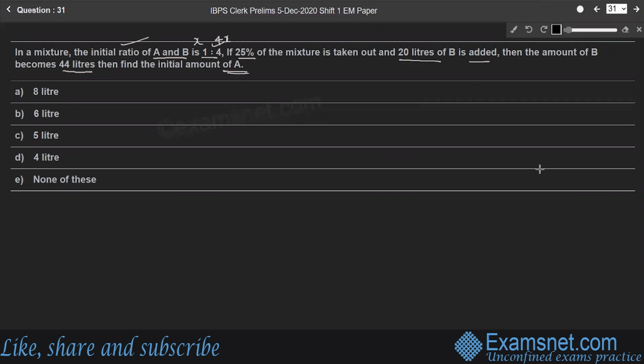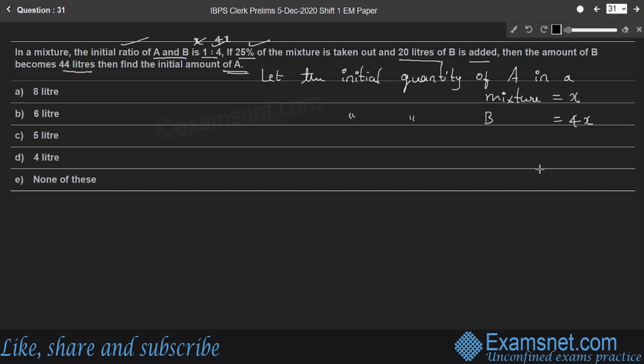So let us write. Let the initial quantity of A in a mixture be X, whereas the initial quantity of B in a mixture be 4X, because A and B are in the ratio 1:4, right?